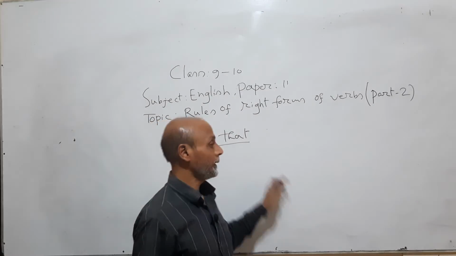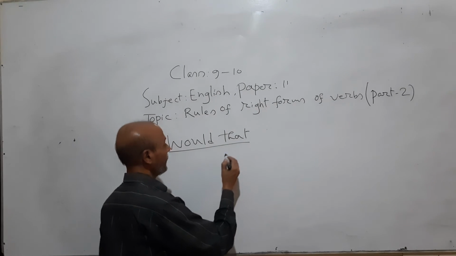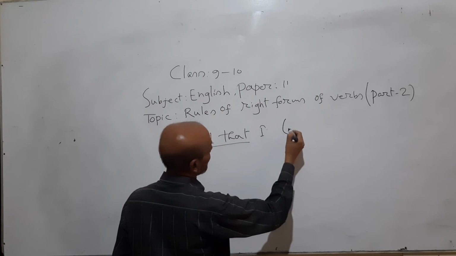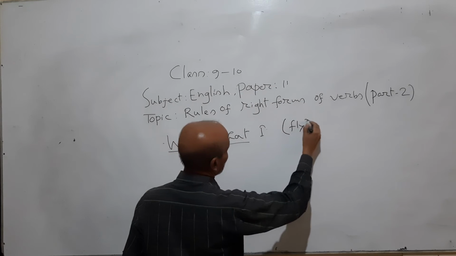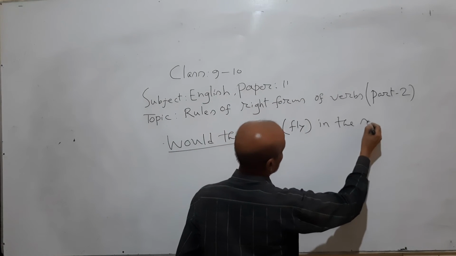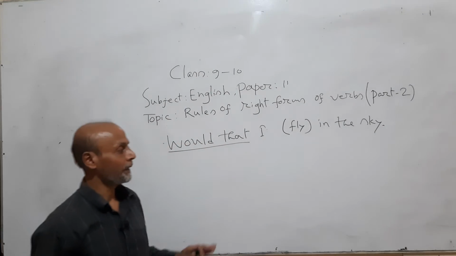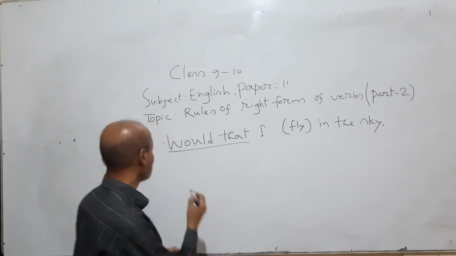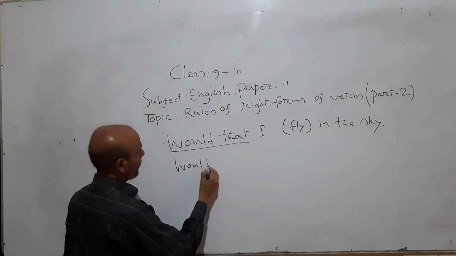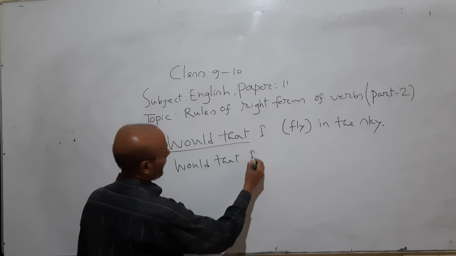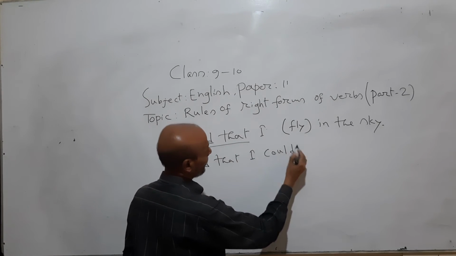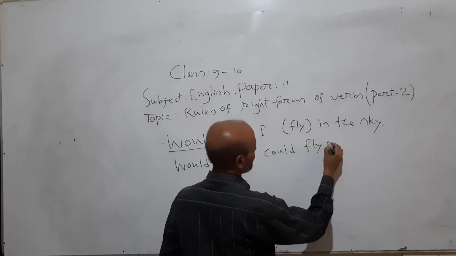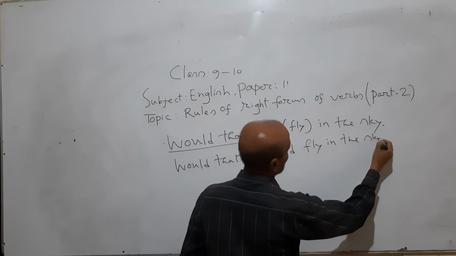If you get would that in your sentence, you have to use it like: would that I fly in the sky. This is the wish, and it is unreal. Would that I could, that time you use could before your main verb: I could fly in the sky.